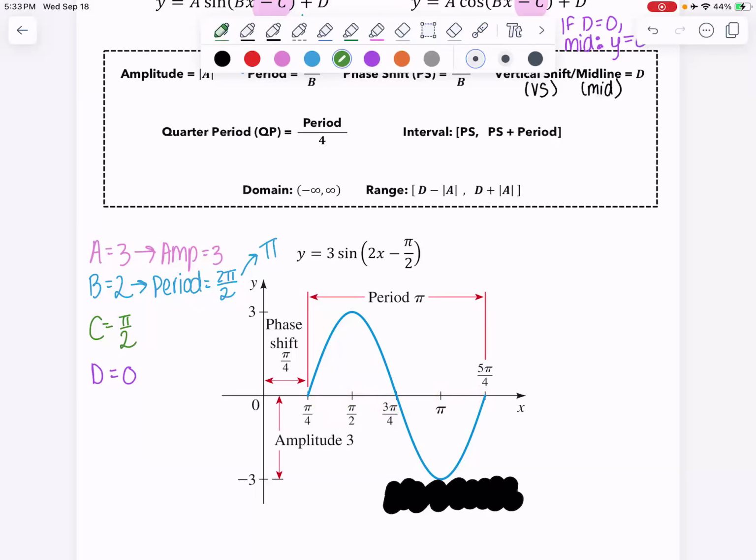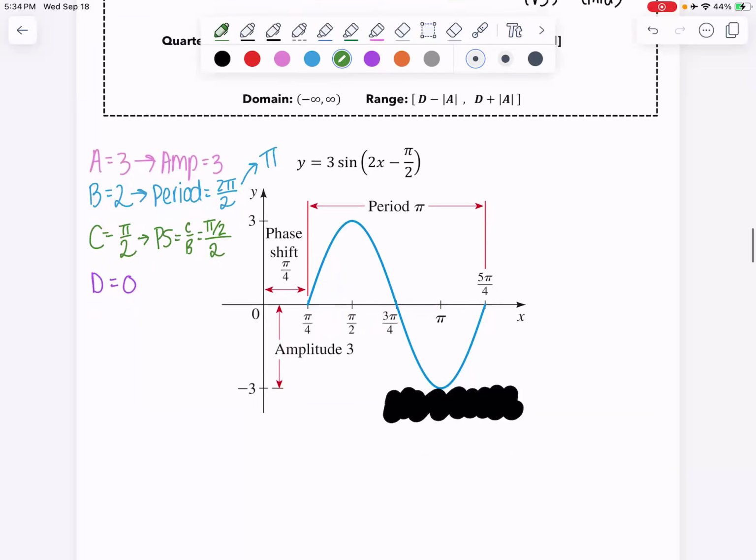If C is pi over 2, that means the phase shift, which is C divided by B, would be pi over 2 divided by 2. And I want to talk about that math real quick.